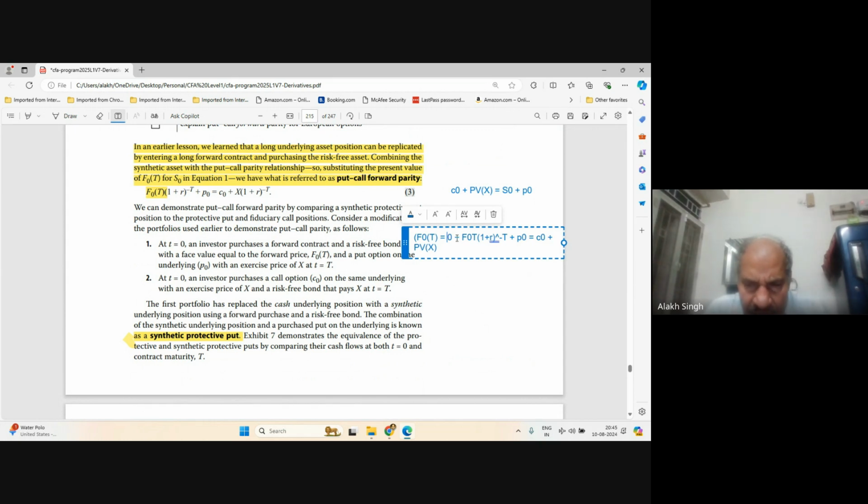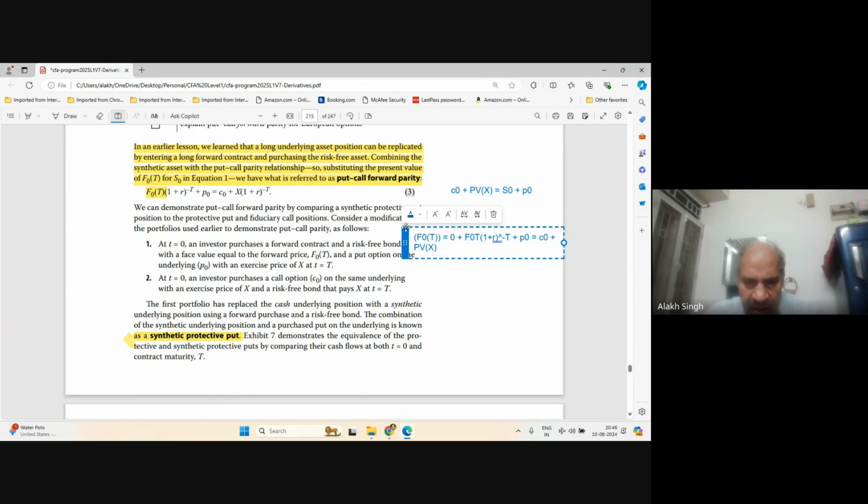So what is he doing? He is buying a forward and the risk-free bond. Then put this becomes equal to call plus present value of exercise price. That is what it is telling. So that's how we have this synthetic protective put.